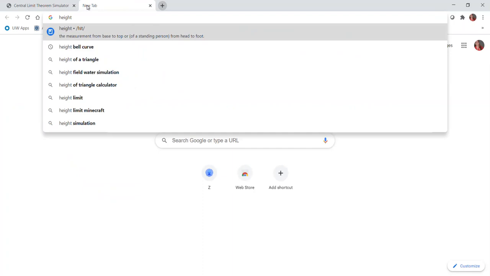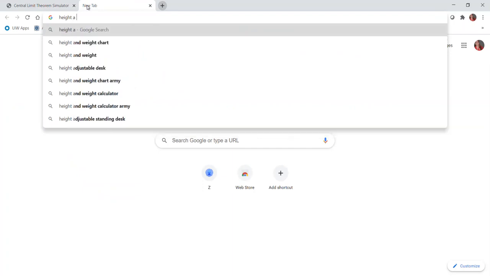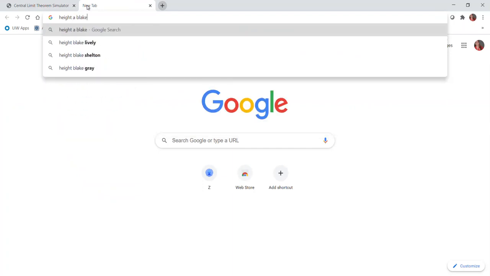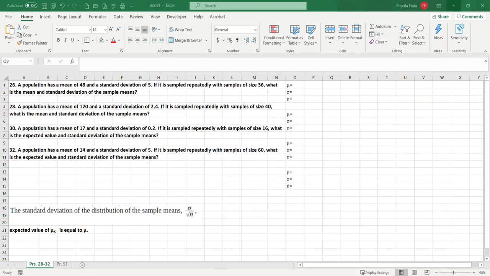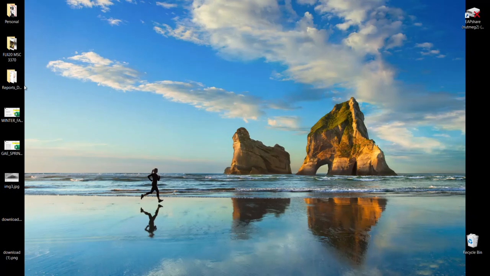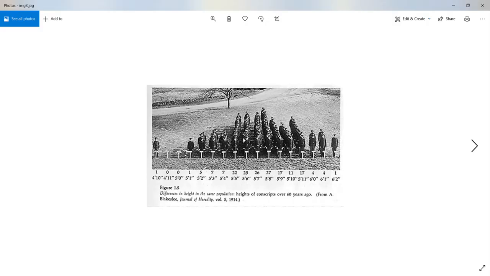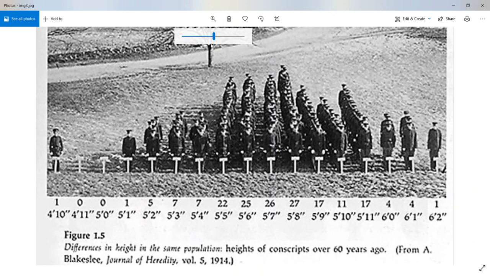Actually, I had a picture. I have a picture over here that also is going to make more sense for you. So this picture is talking about the difference in heights in the same population.